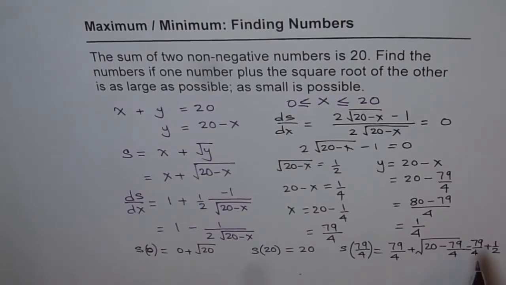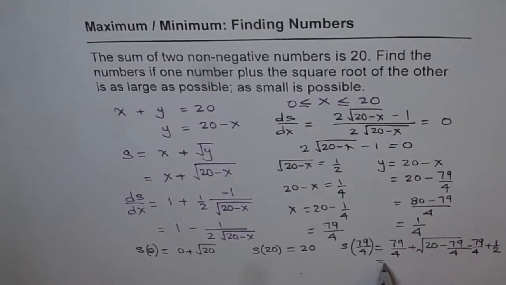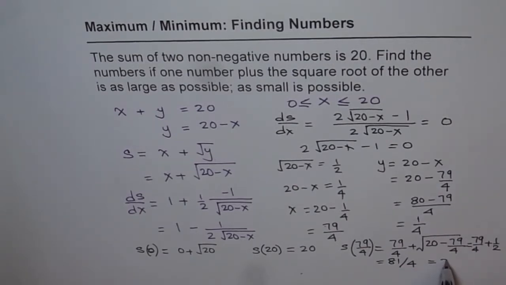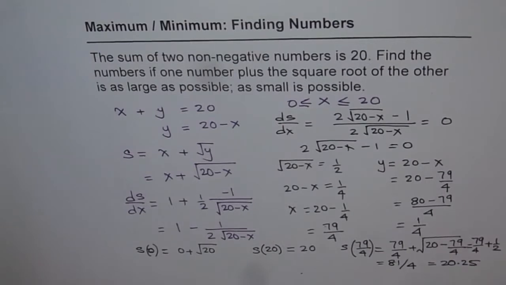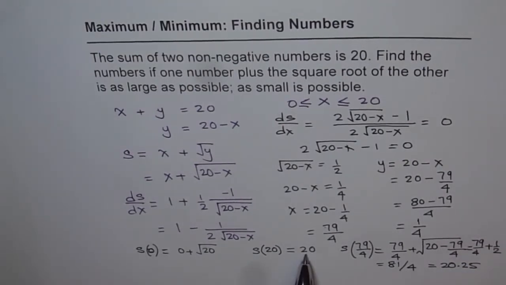And that gives us, so this half is like 2 over 4. Correct? So 2 plus 79 is 81. So it gives me a value of 81 over 4. Now 81 over 4, when you divide, is 20.25. So clearly 20.25 is more than 20.